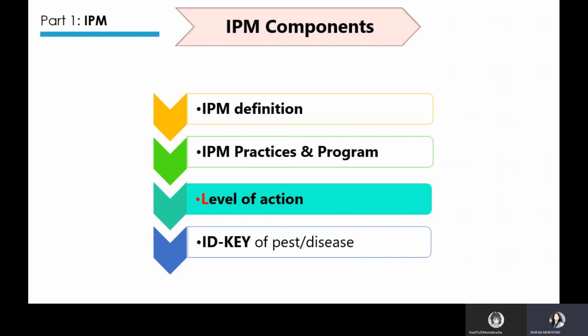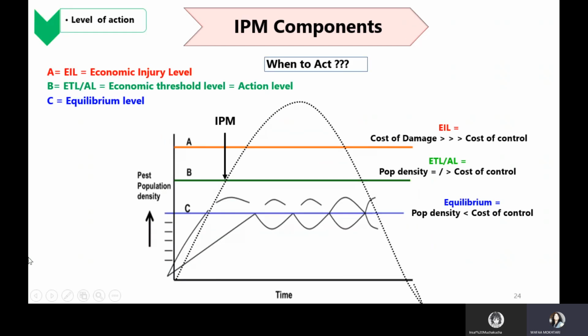So let's see level of action. When we are talking about applying chemicals or applying any treatment, or maybe doing some IPM practices, we need to know when we should act. This is a really important question.